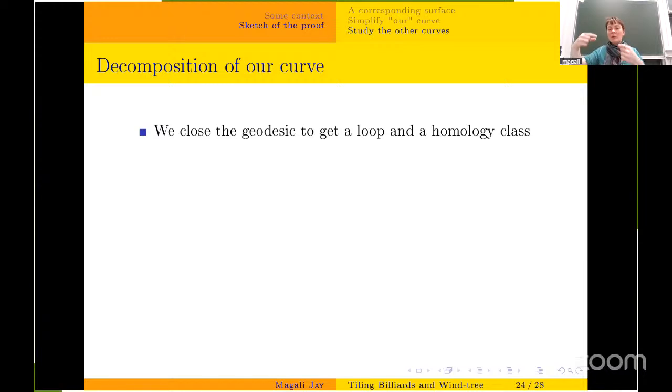It starts at a point, it ends at another point, and I want to compute an intersection number, so it has to be a homology class. So I close this trajectory to get a loop. And now there is something I have to be careful about. This is because I've stretched, so I apply the geodesic flow.